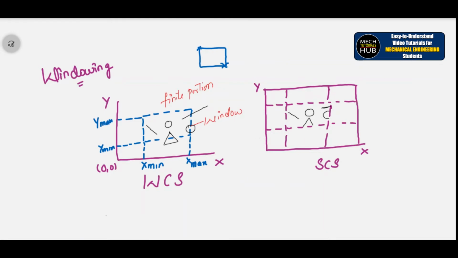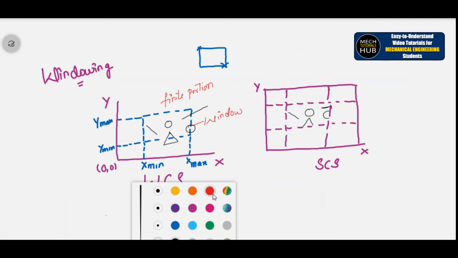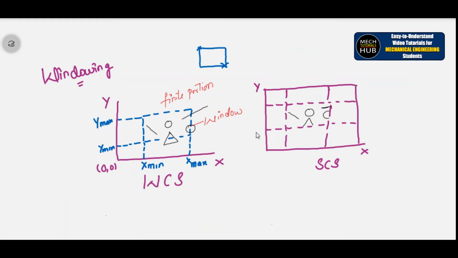All others are completely outside. So this portion is not visible to us, this portion is also not visible on the screen coordinates, and this portion is also not visible.